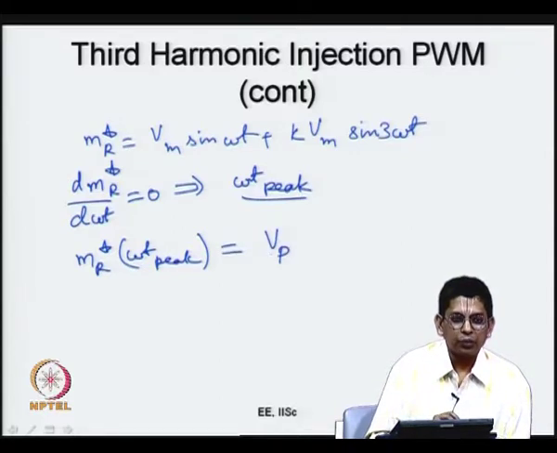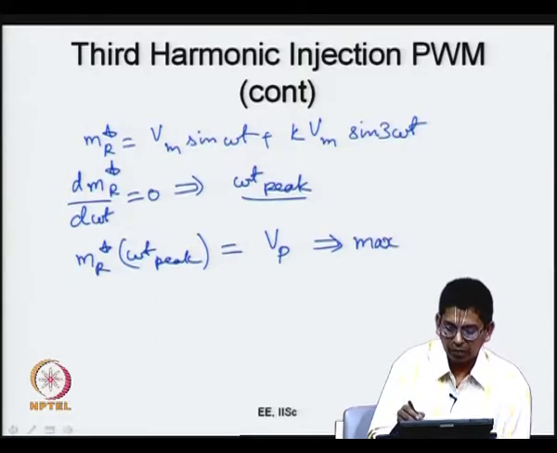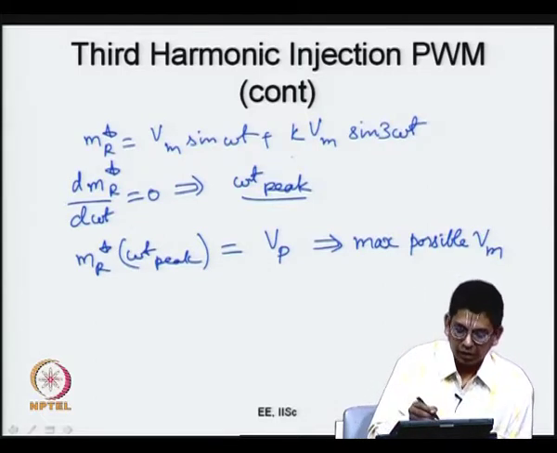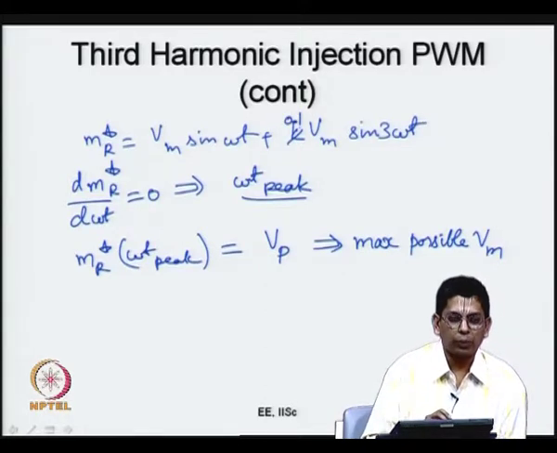So, this will tell you how much is the maximum possible V m for a particular value of k. For example, let me say I take this k as 0.1 and I go about this analysis: 0.1 sin 3 omega t.